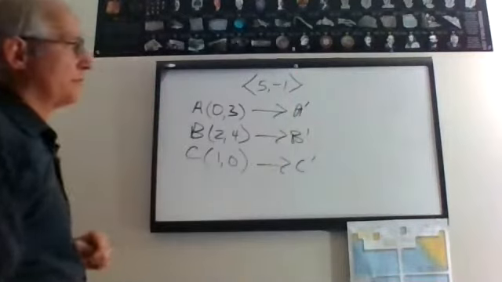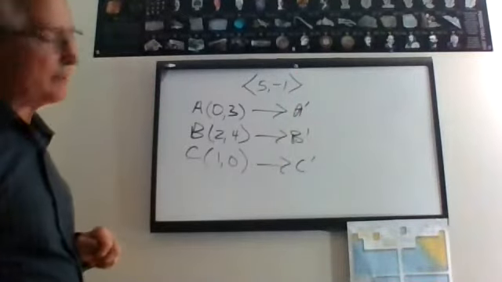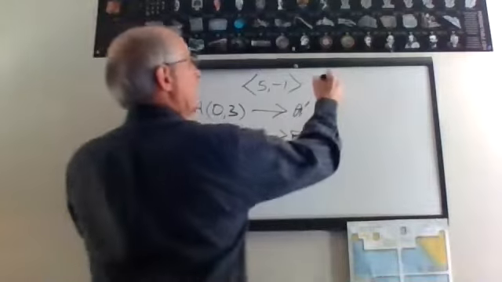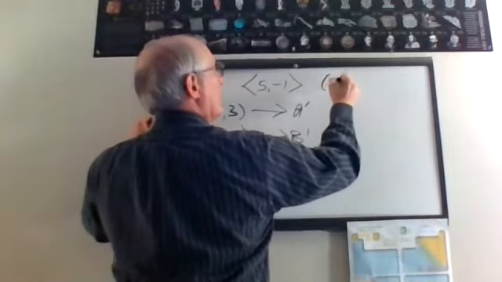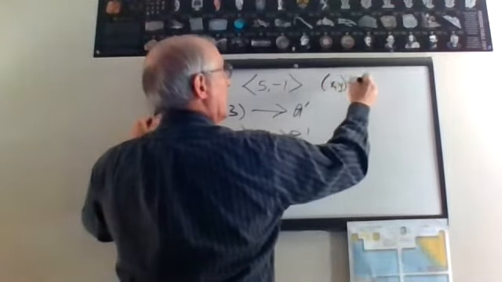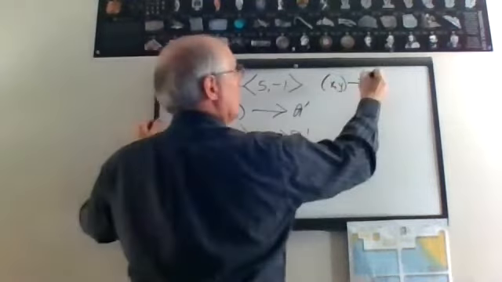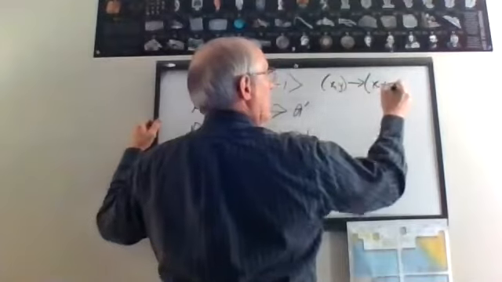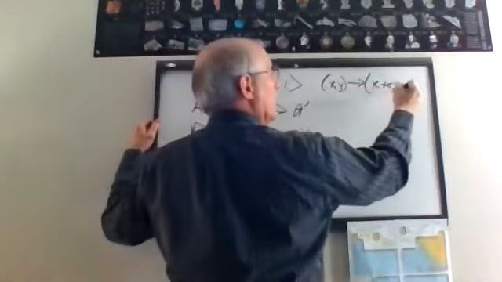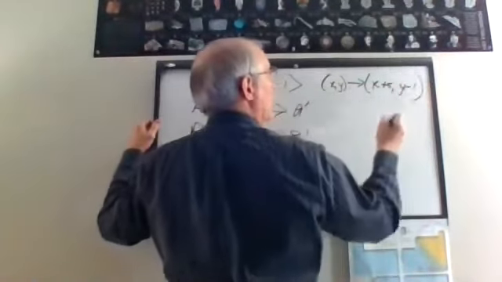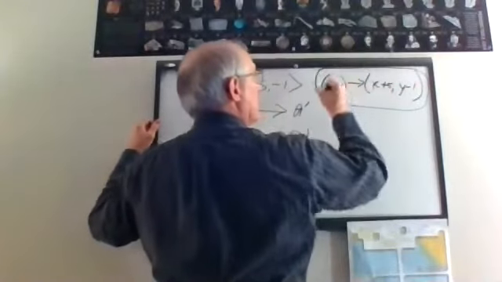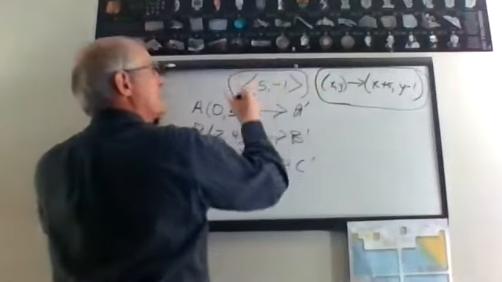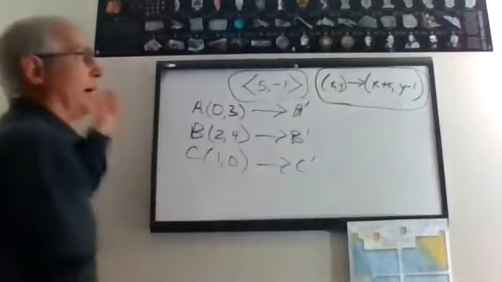Can you see that this is exactly what we said at the beginning of this lesson? That we're taking every point x, comma, y, and we're translating it into x plus 5 and y minus 1. This is the same thing as that.